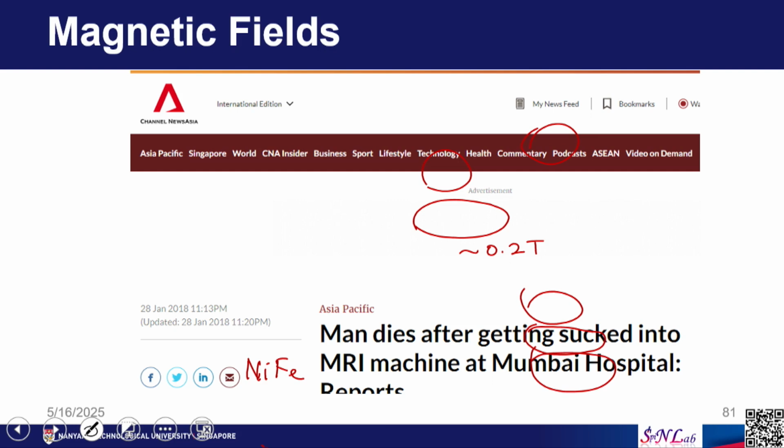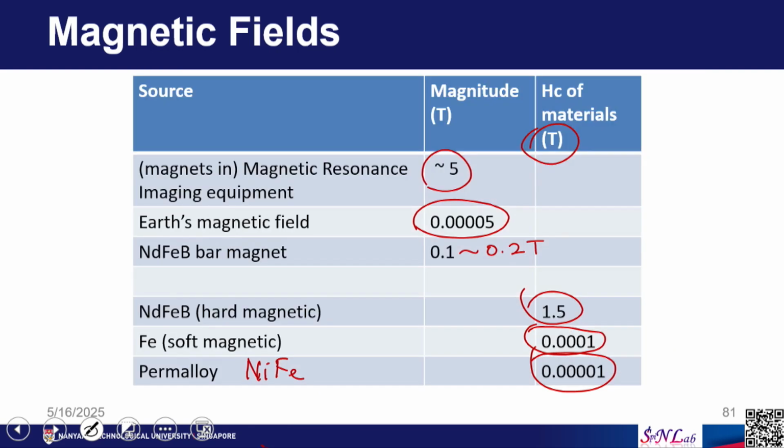You might have heard about the incident in one of the hospitals where the attendant carried a gas cylinder inside the MRI room. This 5 Tesla magnet pulled him along with the gas cylinder. So, that is the power of this kind of magnetic field.